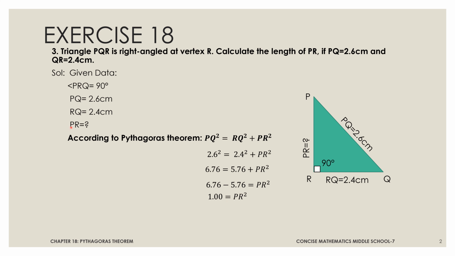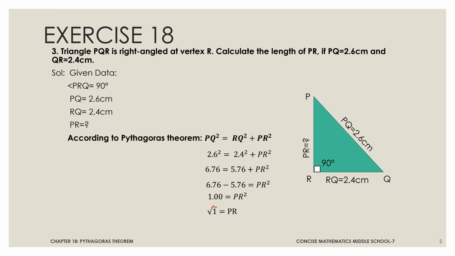Now they have asked us to find only PR, but here we are having PR square. So our next step is to remove this square. How to remove this square? Just by placing a square root on the 1. So square root of 1 is equal to PR. So with which number should you multiply the number twice?